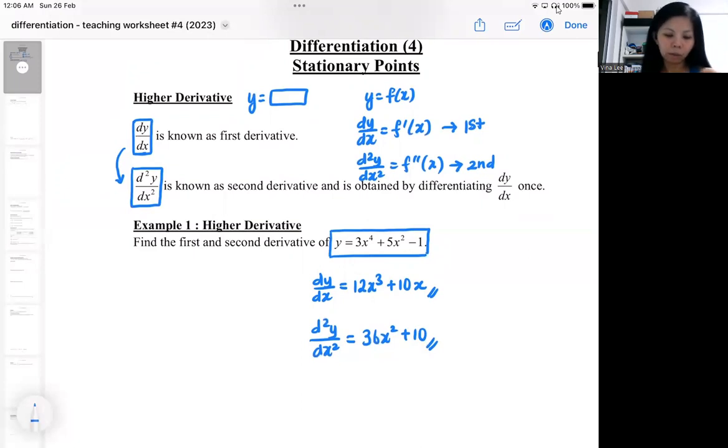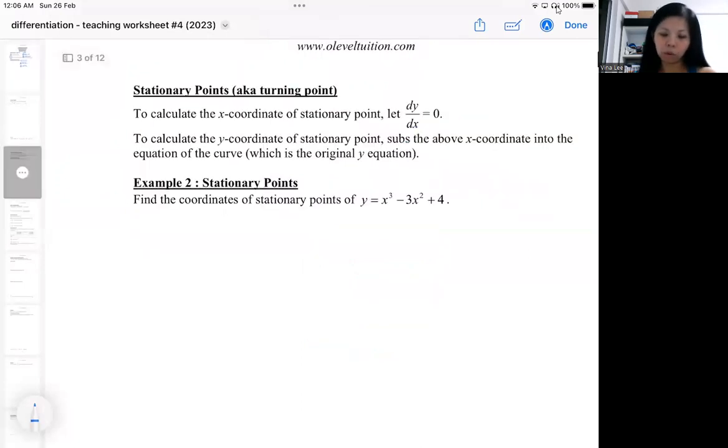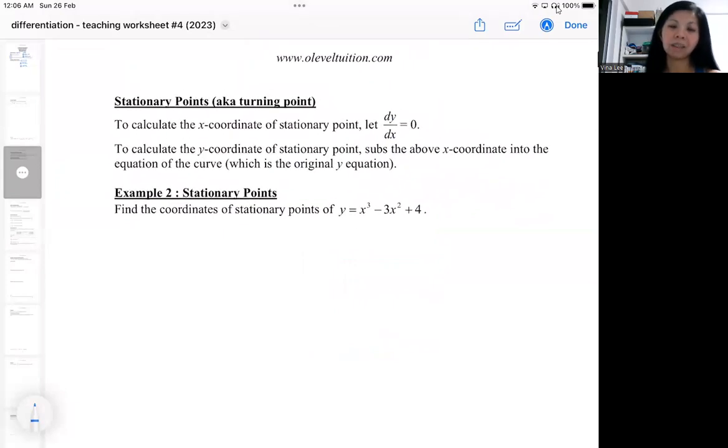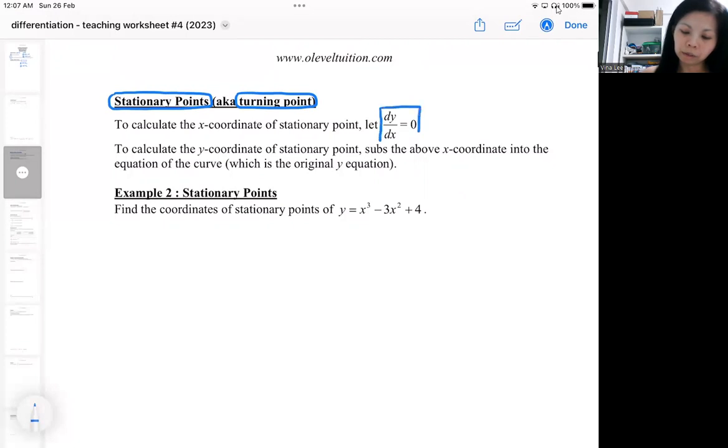I'm going to jump to example 2 to show you we are going to use the first derivative to find something called the stationary point. There's another name for it that's called turning point. And we use the definition of dy dx equal to 0. So if you would like to calculate stationary point, the definition is dy dx equal to 0.